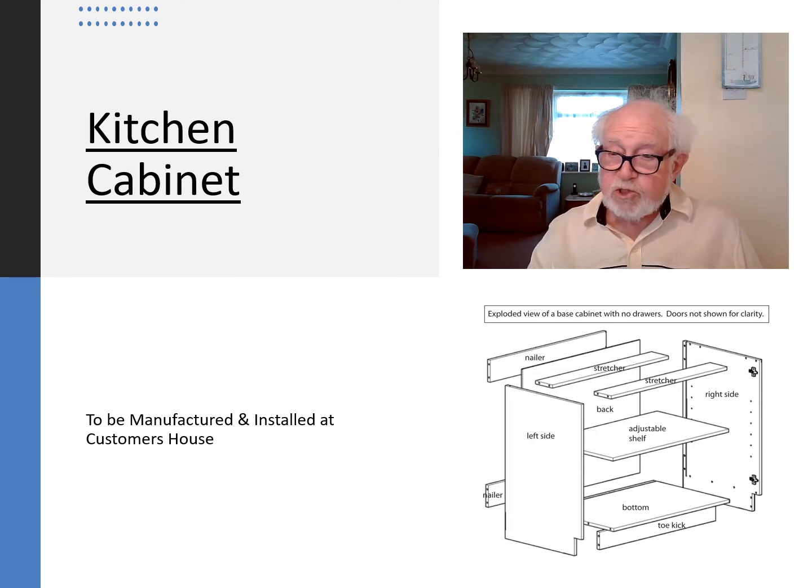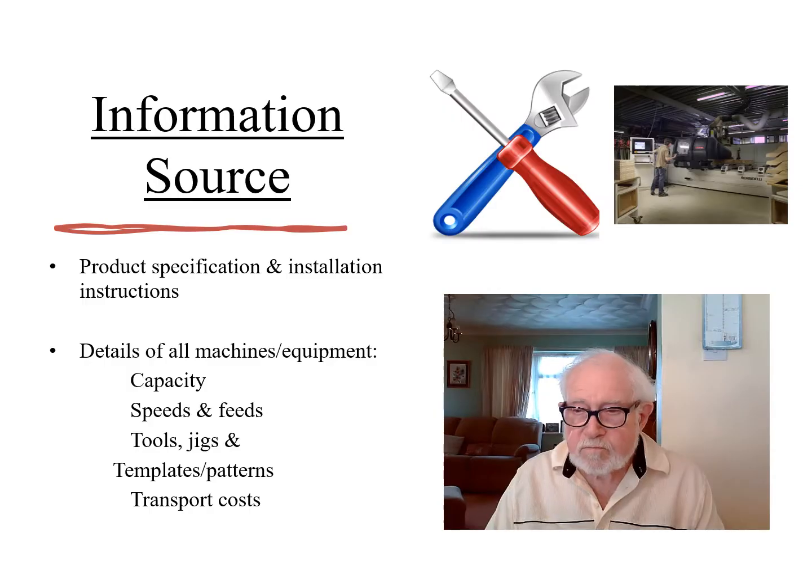The estimator would normally receive a complete set of technical drawings for the individual components and assembly of the complete cabinet. Estimators take the product specification and installation instructions and break them down into components, sub-assemblies, final assembly, and finishing operations.